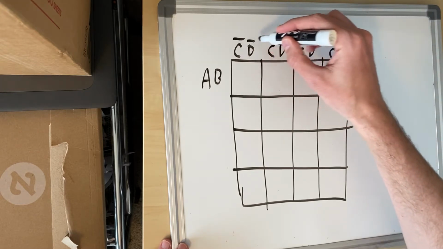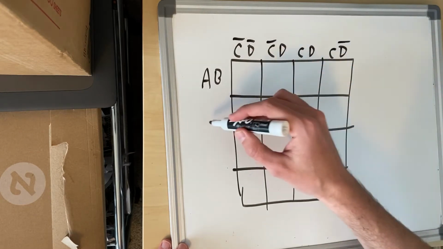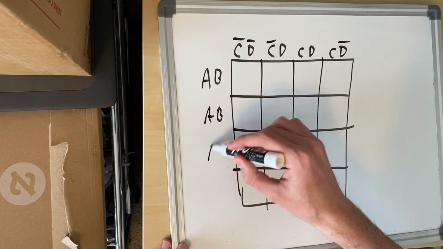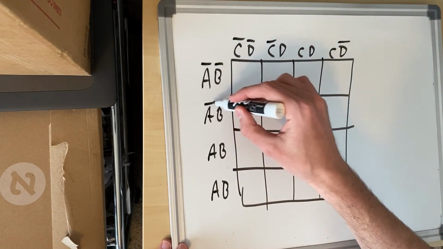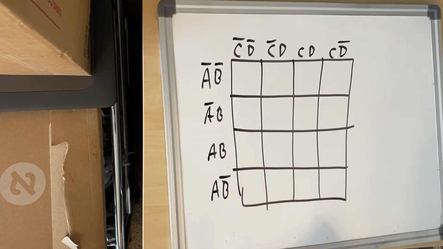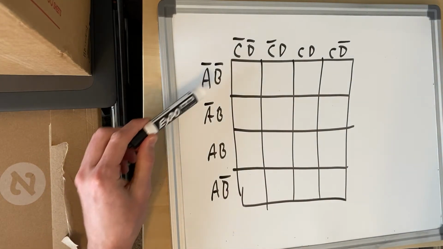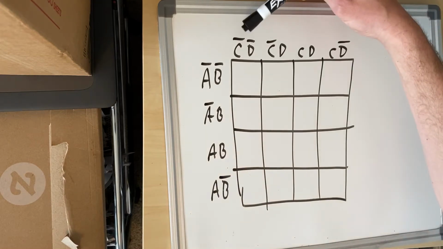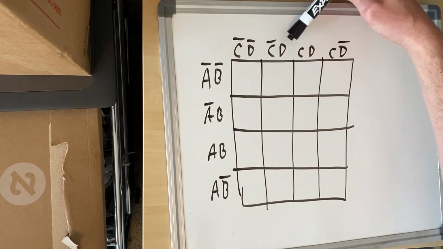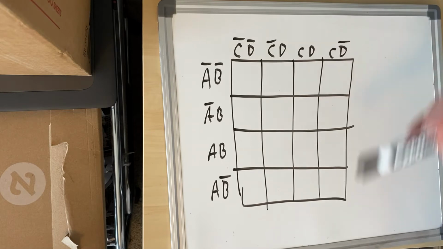Again, our convention is not A not B, not A B, A B, A not B. And up here, it's not C not D, not C D, C D, C not D.